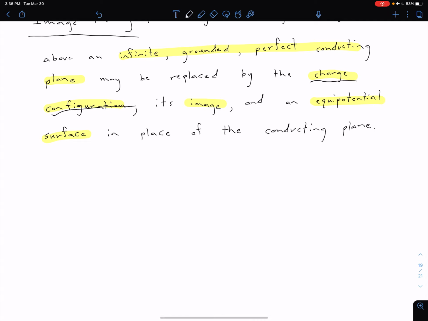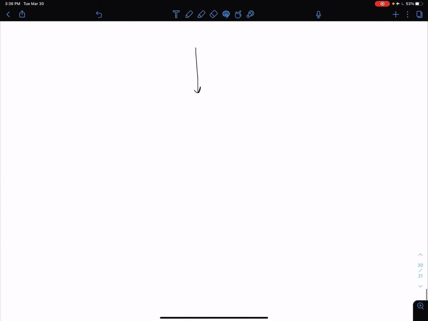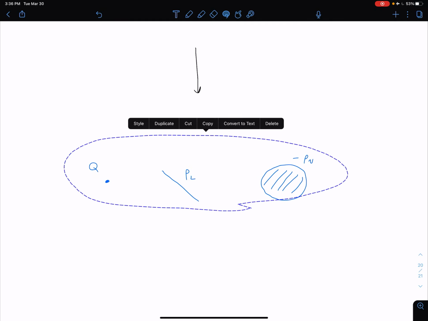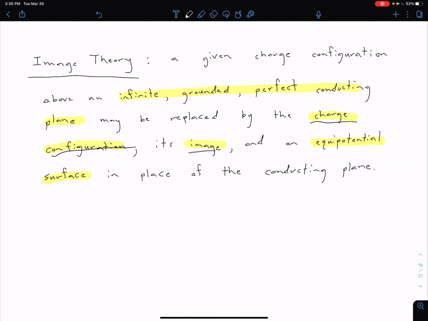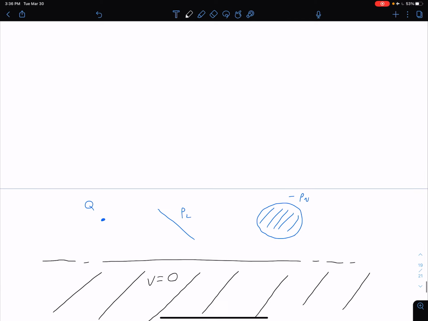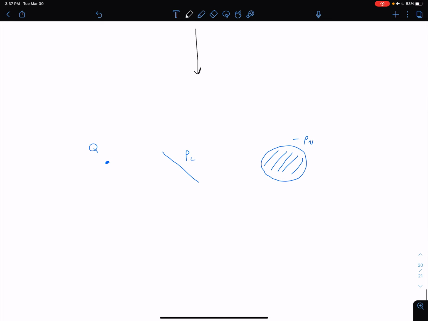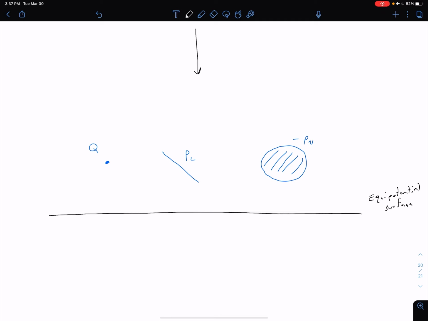So we have our same charge configuration, and we're going to also have the image of the charge configuration and an equipotential surface in place of the conducting surface. So we're going to have some equipotential surface here where our conductor surface was. This is our equipotential surface. Let's say V equals 0.